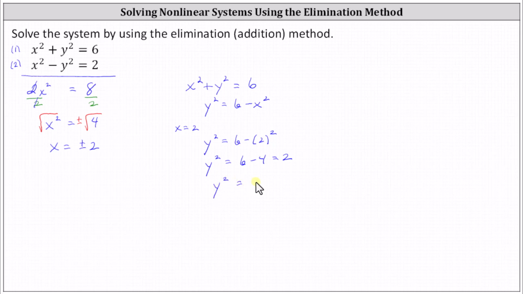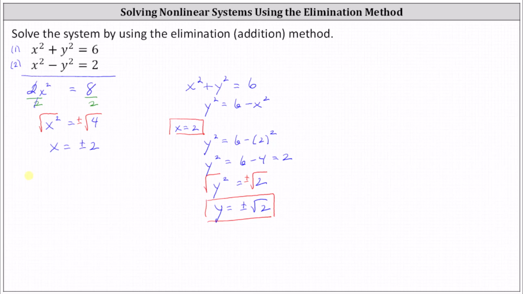We need to, again, square root both sides of the equation to solve for y, and include a plus or minus on the right. Simplifying, we have y equals plus or minus the square root of 2. This indicates when x equals 2, y can be equal to either positive or negative square root 2.